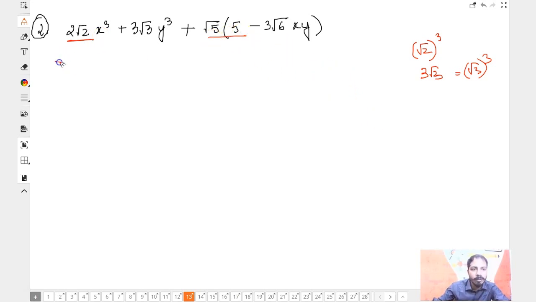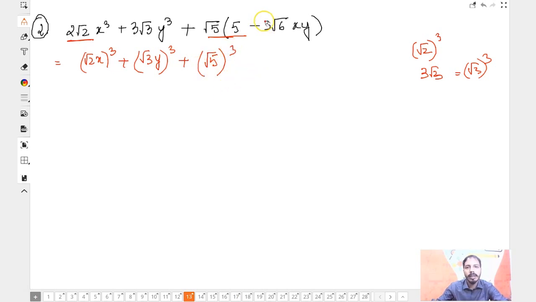So now if I break it down, I can write this as root 2x whole cube plus root 3y whole cube. And this 5 root 5, I can write as root 5 whole cube. And here I will get minus 3 into root 6 into root 5 xy.